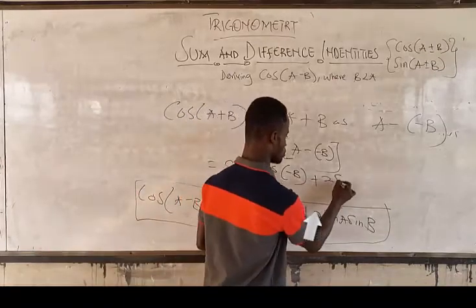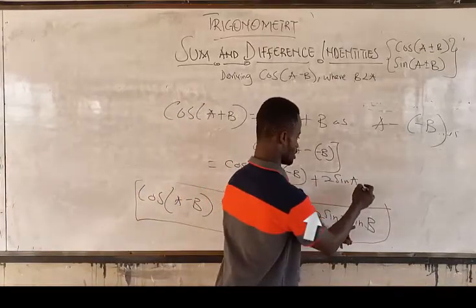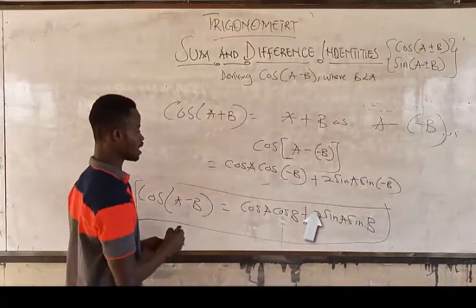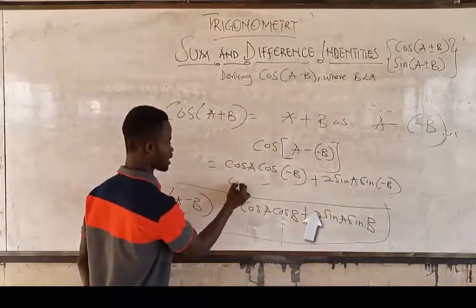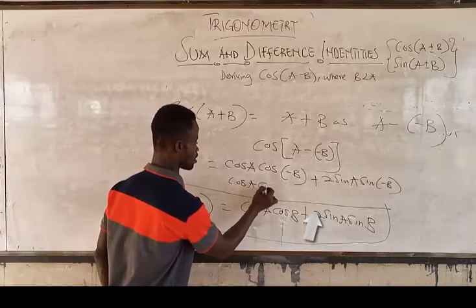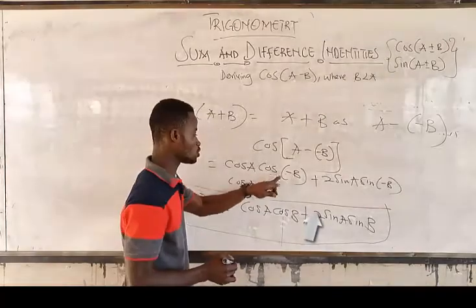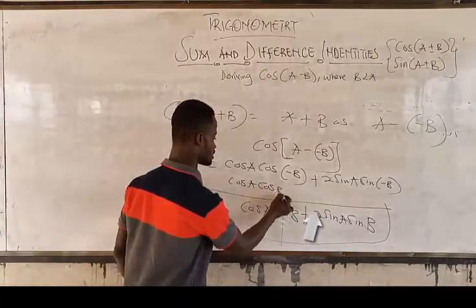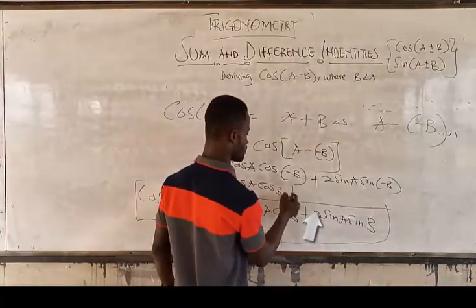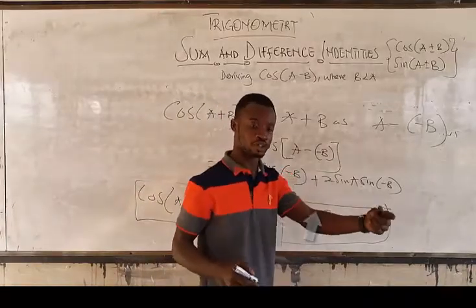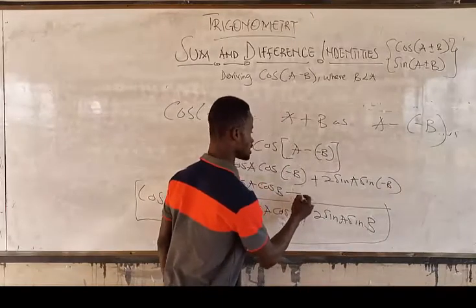Then plus 2 sine A sine negative B, right? So let's see what we're going to get. So we get cos A cos negative B, negative angle don't affect cos. So that is the same thing. But here, the negative, this is sine, which is an odd function. So it will affect it. So we get minus.